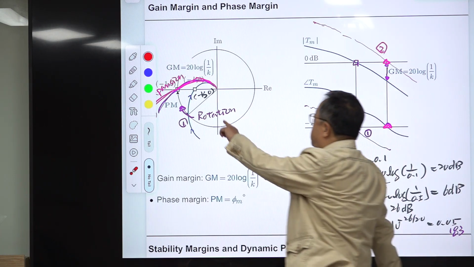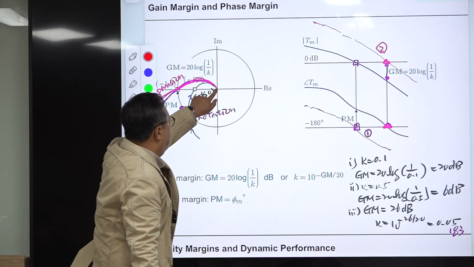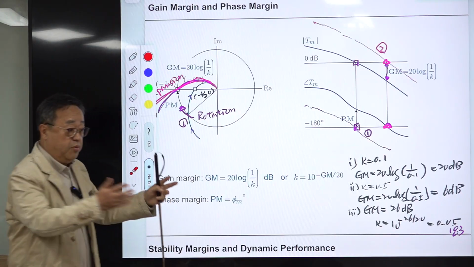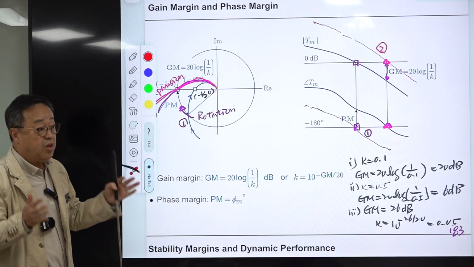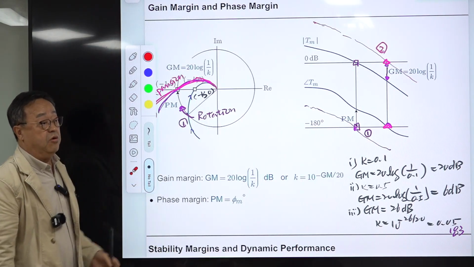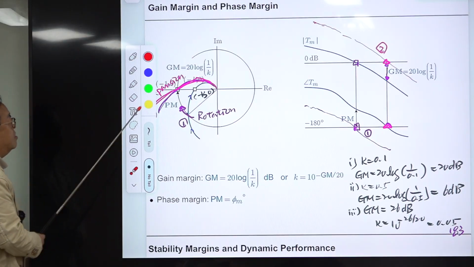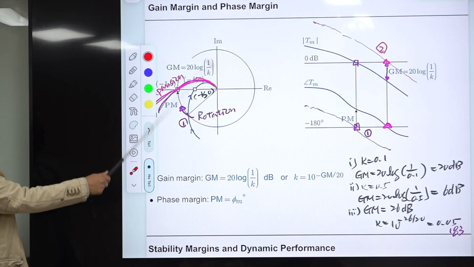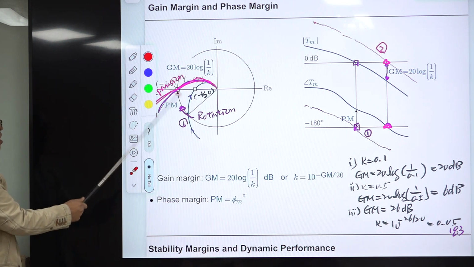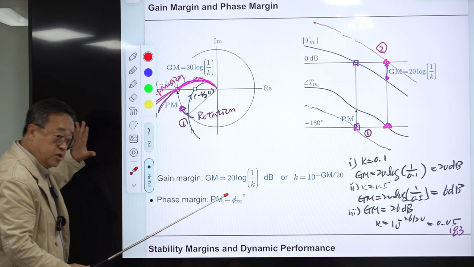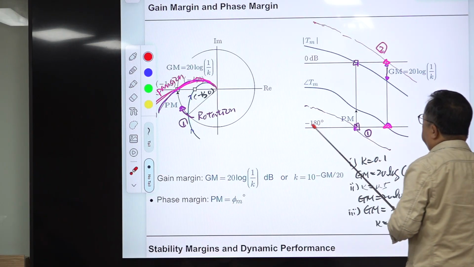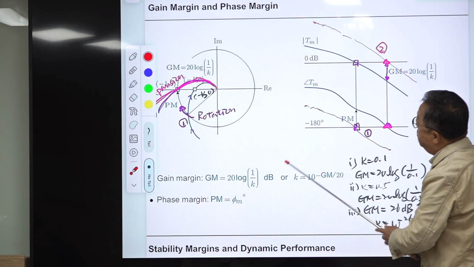Then maybe the crossing point is somewhere here, very close to the origin. So you have a relatively large margin to increase the magnitude with fixed phase characteristics. Okay. So from this polar plot, the phase margin and gain margin can be seen immediately. The same is true here. This is the Bode plot of this same information.